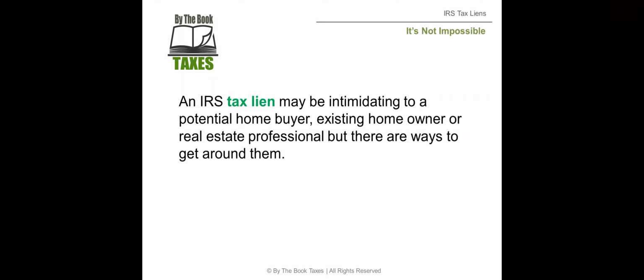I always state this as a disclaimer: IRS tax liens can be very intimidating, even to professionals in the real estate industry. Lenders and even tax professionals find them confusing and intimidating, but the purpose of these blogs is to show you that you can work your way around IRS tax liens.